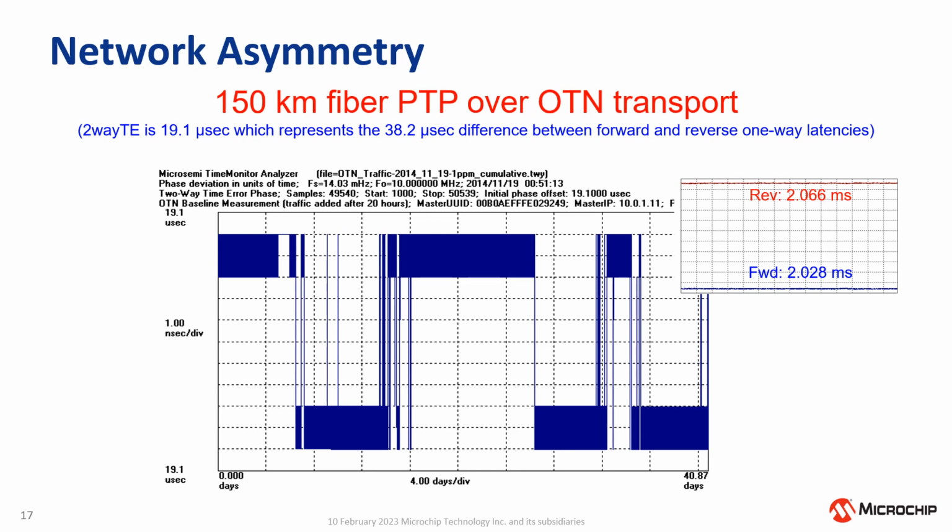The reverse comes in at 2.066 milliseconds, the forward at 2.028 milliseconds. So there is a 38.2 microsecond difference between the two, and this translates to 19.1 microsecond asymmetry exhibited in this network. Very stable over this 41-day period.